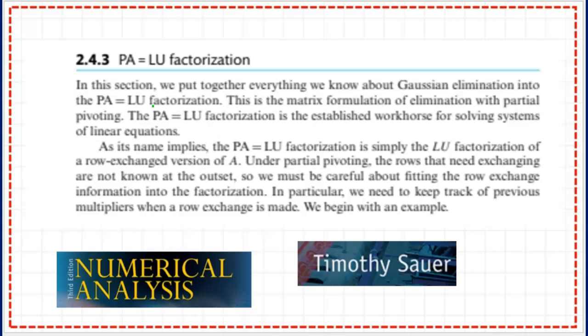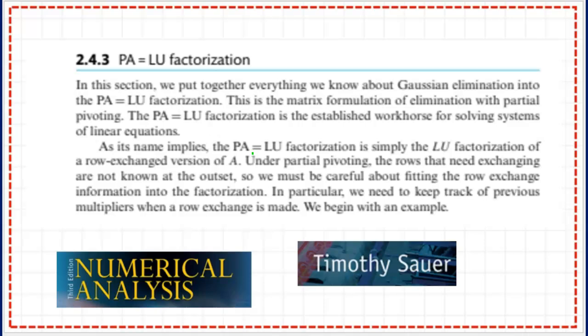This is a matrix formulation of elimination with partial pivoting. The PA equals LU factorization is an established workhorse for solving systems of linear equations. As its name implies, the PA equals LU factorization is simply the LU factorization of the row exchange version.